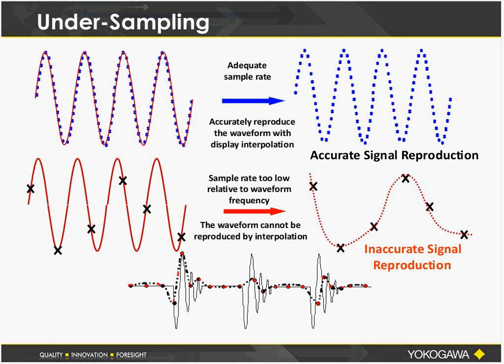The time between blue dots is very short, and we can accurately reproduce the signal on the right-hand side. On the bottom half, if your sample rate is low relative to the signal you're trying to measure, then you don't have enough information to accurately reproduce the signal, and you'll get distortion or aliasing effects in the instrument.